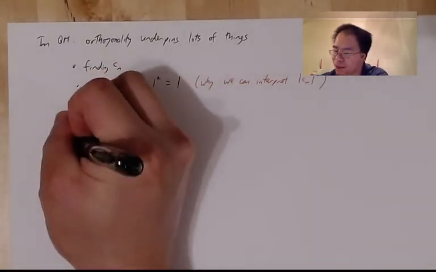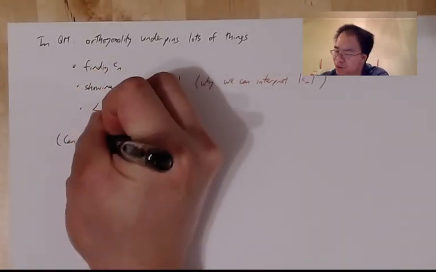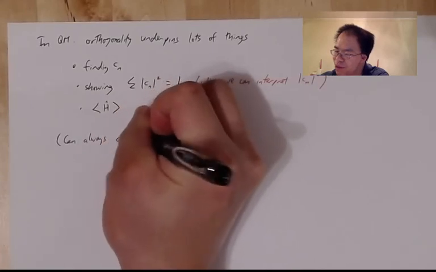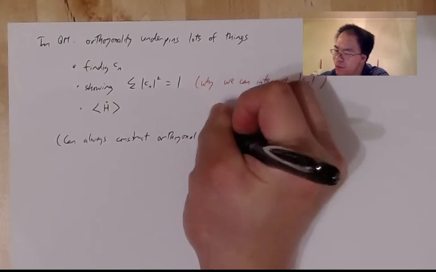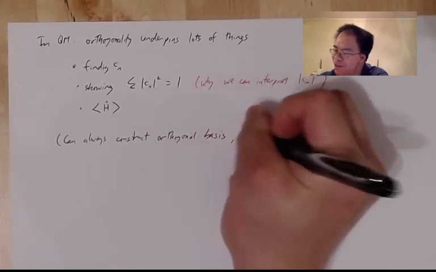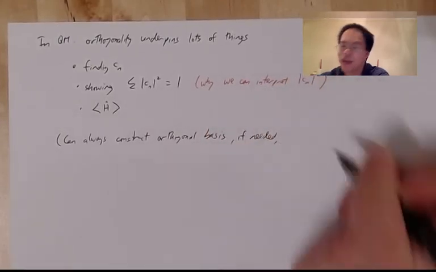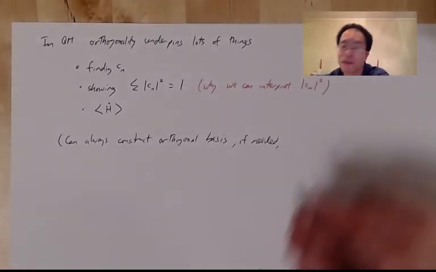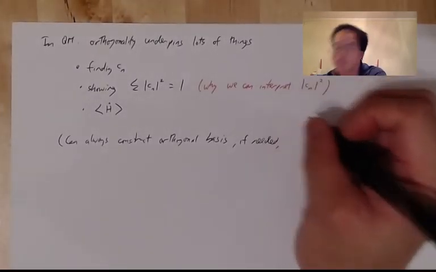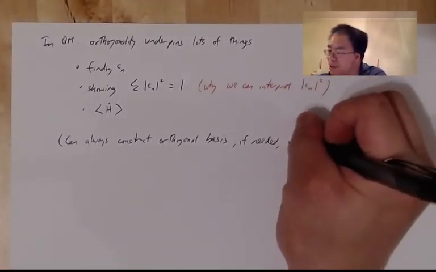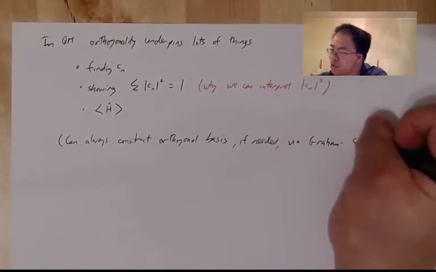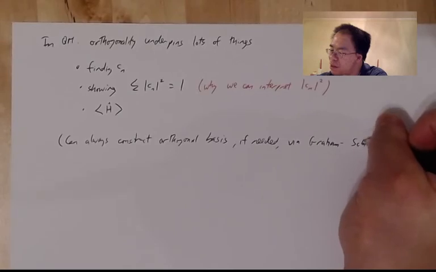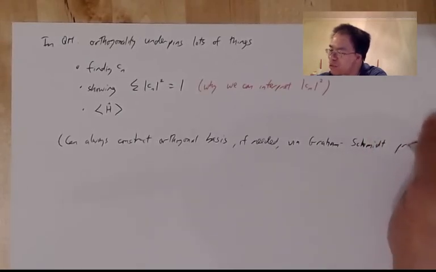So I can always construct an orthogonal basis if needed. If you take linear algebra, you might be familiar with the answer to this, which is the Gram-Schmidt procedure.